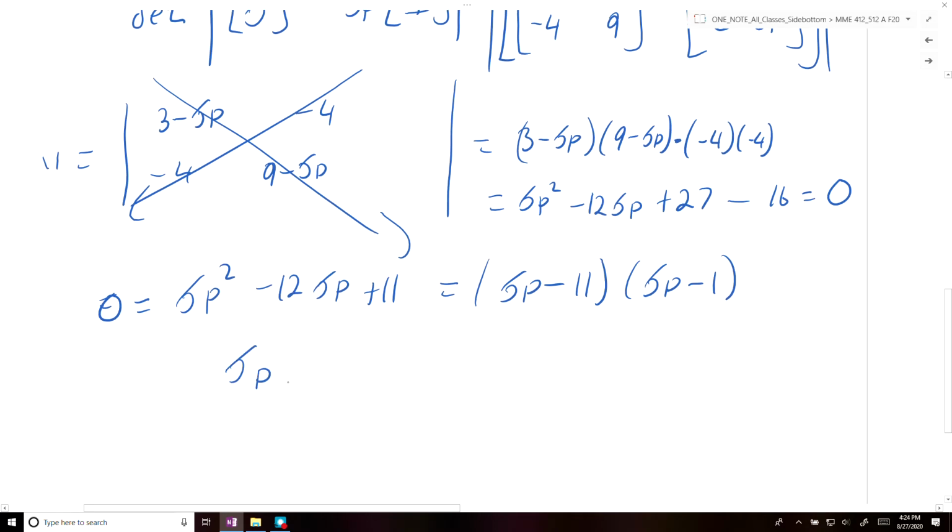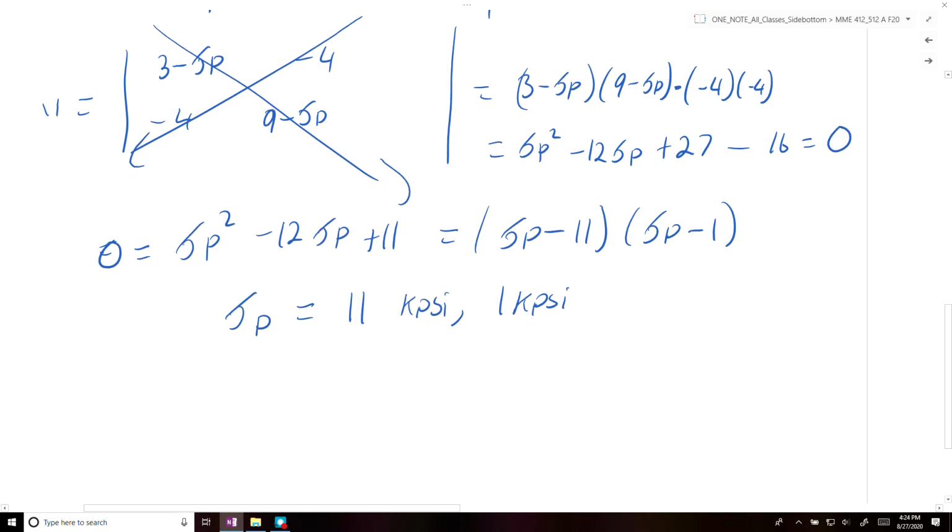That gives us two roots for our equation, so we get two answers for sigma p. Sigma p is equal to 11 kpsi and 1 kpsi. These are our principal stresses. We rank them as first and second principal stresses in 2 dimensions, so the first is greater than the second.